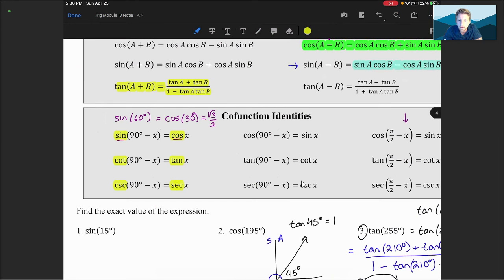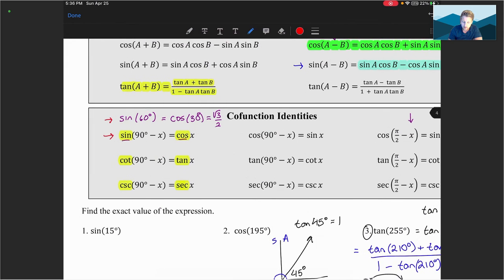So when I consider the cofunctions, one example we gave from previous video was that the sine of 60 is the same as the cosine of 30. So if we said x is equal to 30 degrees, that gives us this identity right here. Both of those are square root 3 over 2. So we can make the expressions in our examples the same as well.